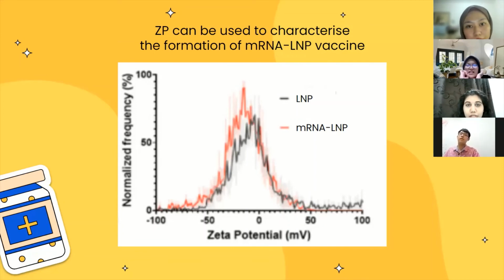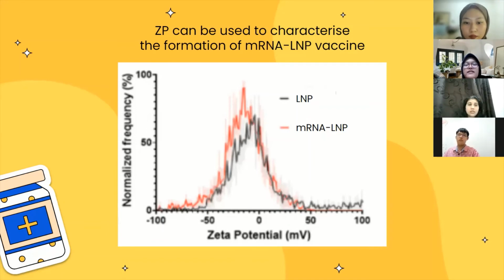So when we produce our vaccine, it will be highly positive, however the positivity is a little bit reduced.